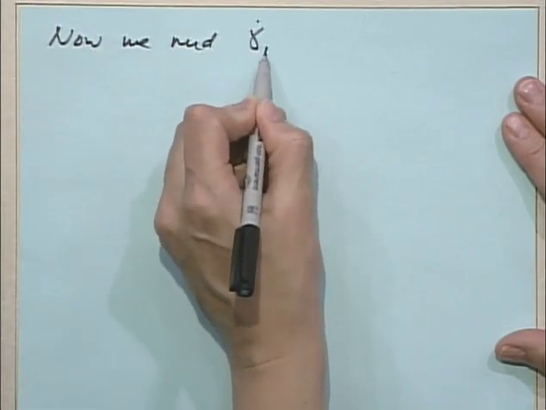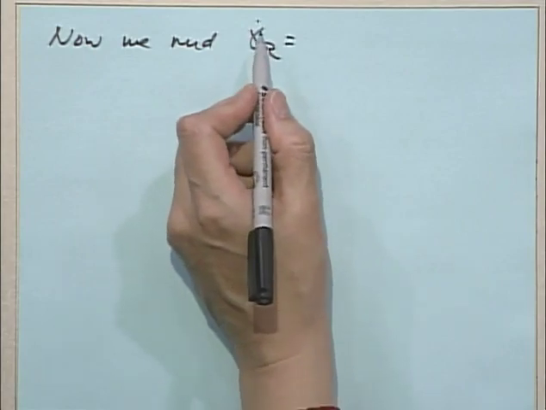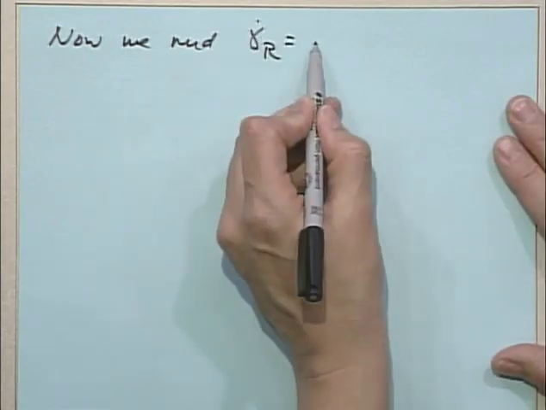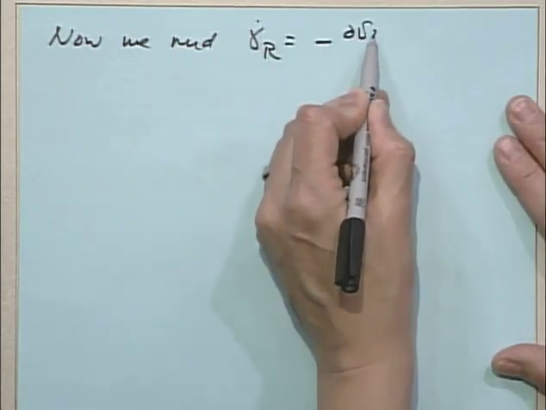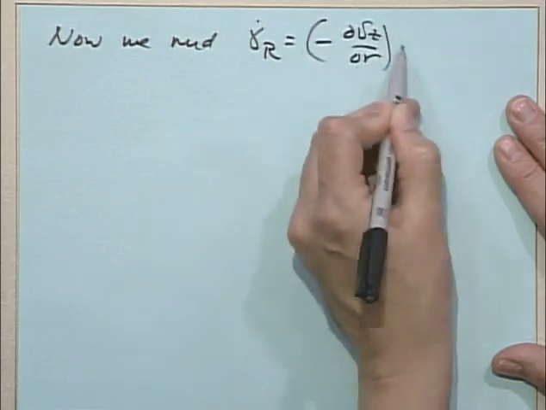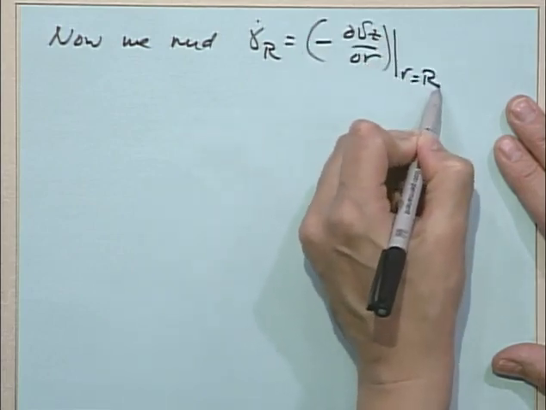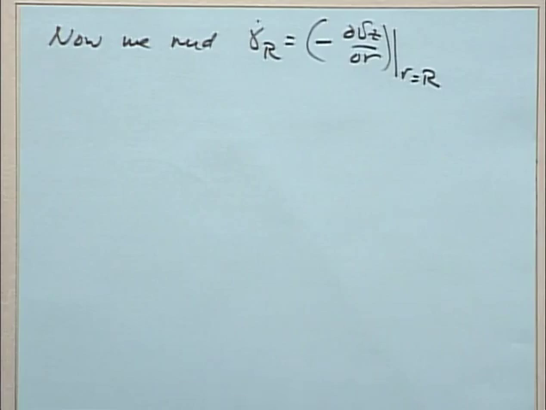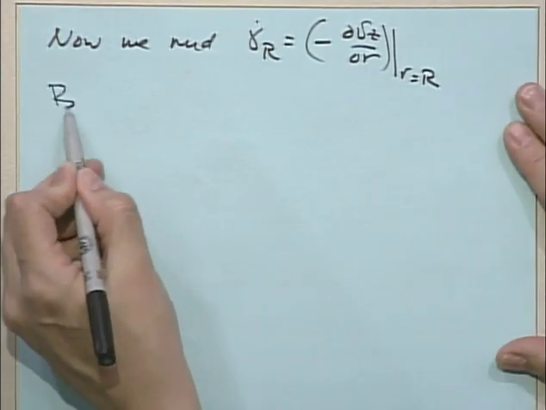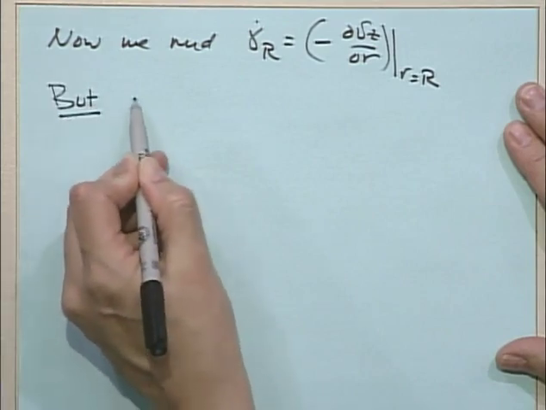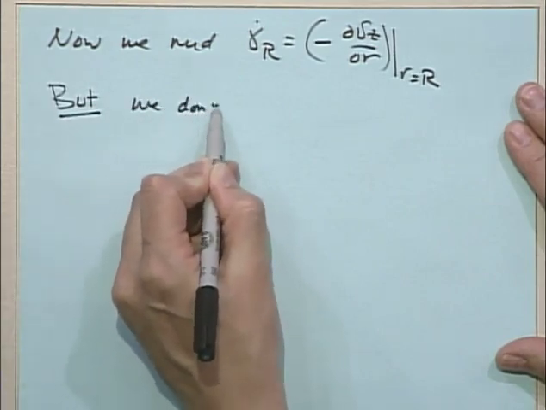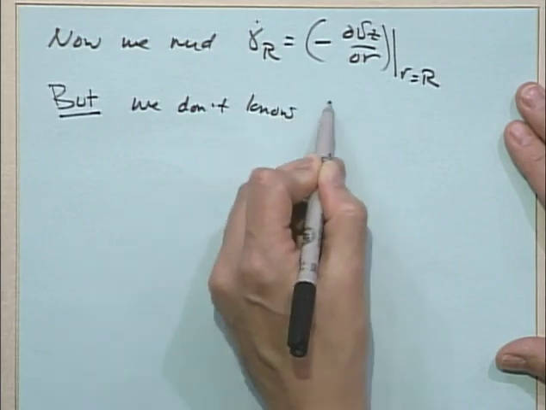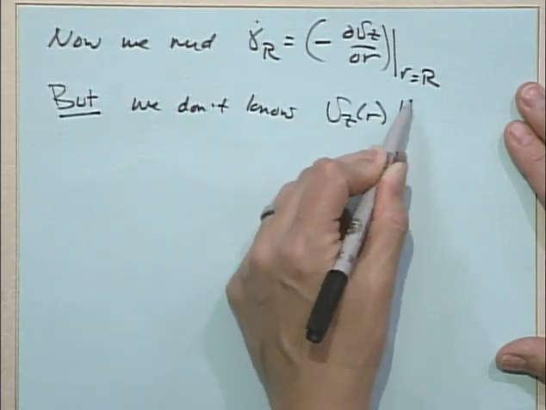We need gamma dot R, which is minus dVz/dr evaluated at r equals R. But we don't know Vz of r. So that's our problem.